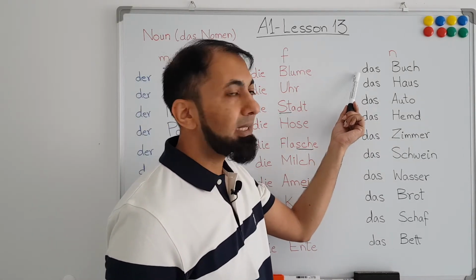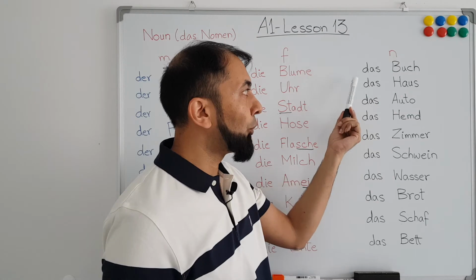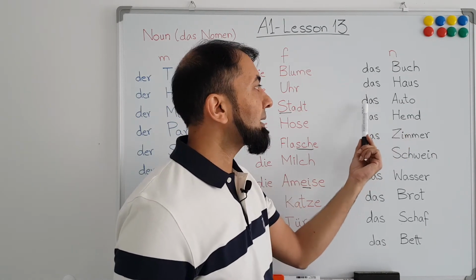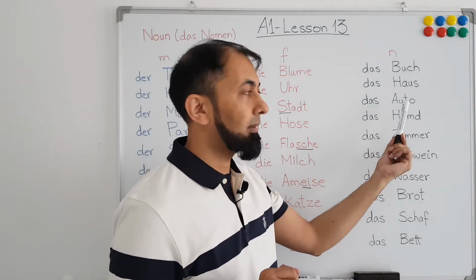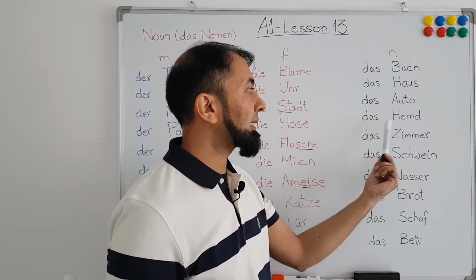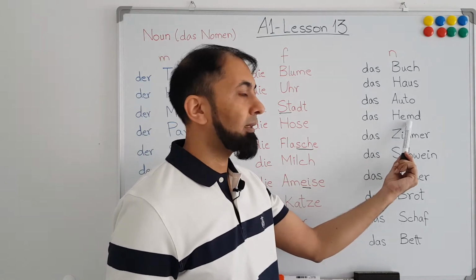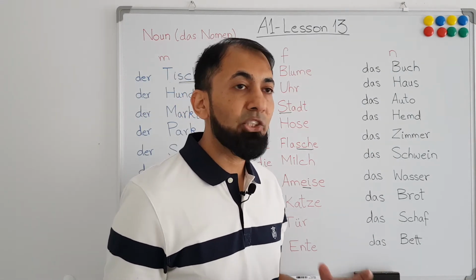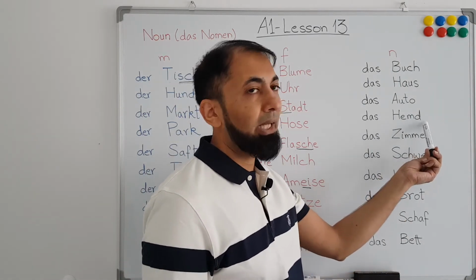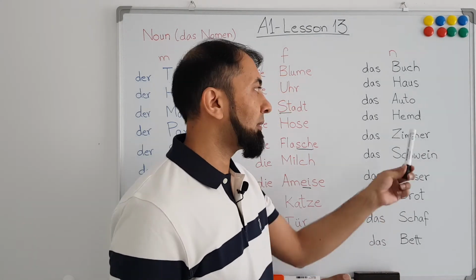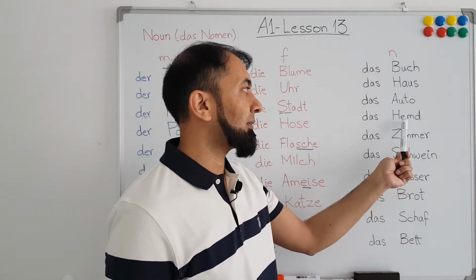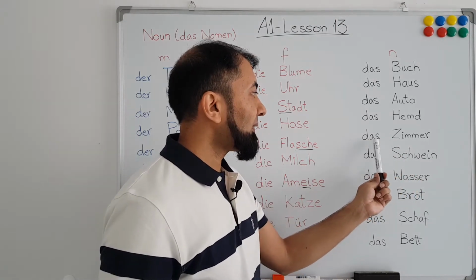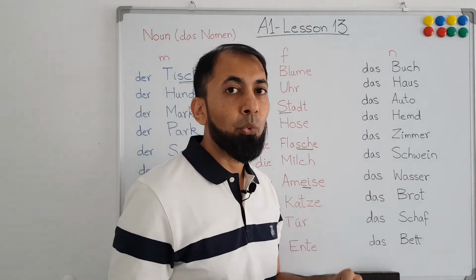The first is das Buch. Buch means book. Das Haus, the house. Das Auto. Auto means vehicle or car. Das Hemd, the shirt. Here we have to differentiate that in German language, the dress shirt comes under the category of Hemd. You cannot use the word Hemd for a t-shirt. Das Zimmer, room.